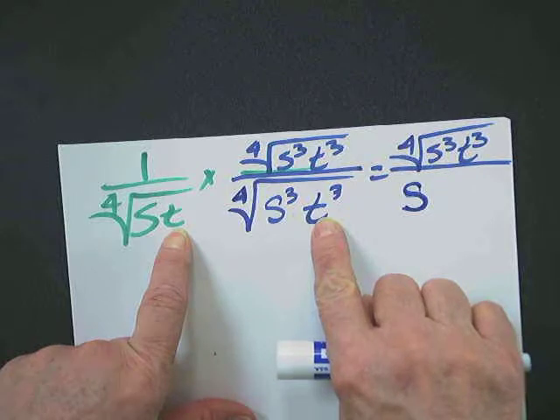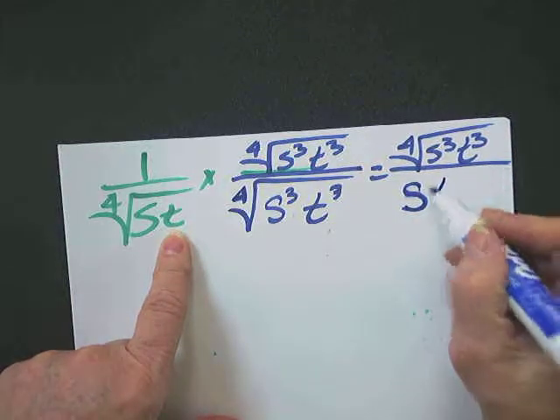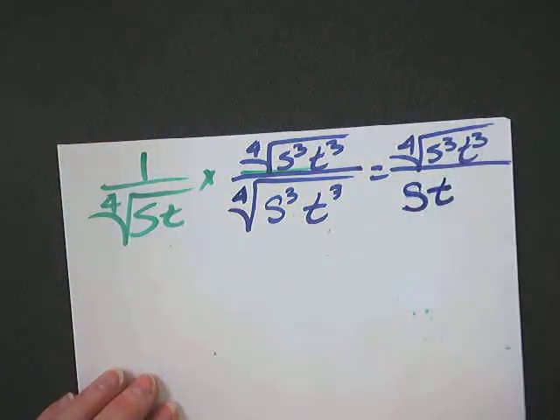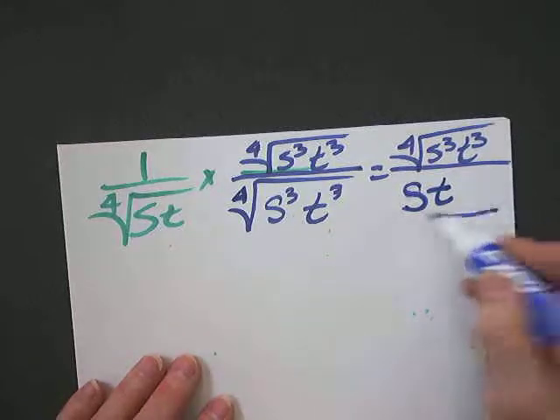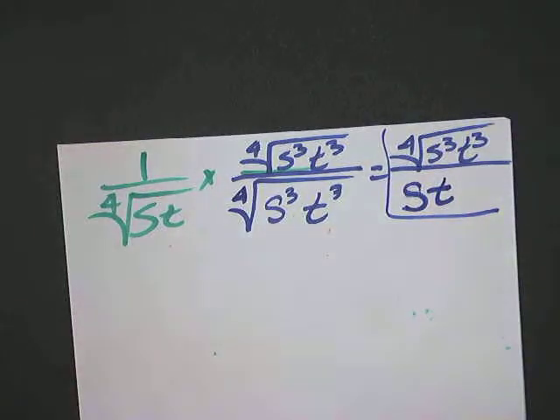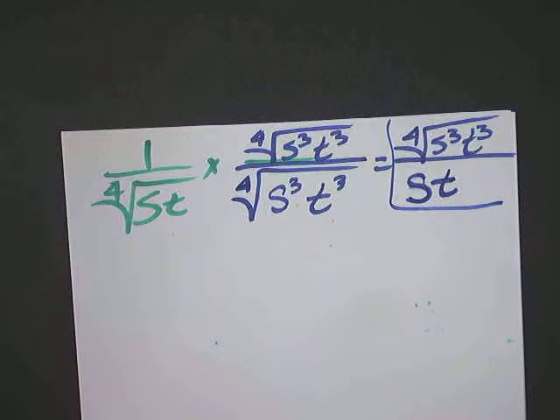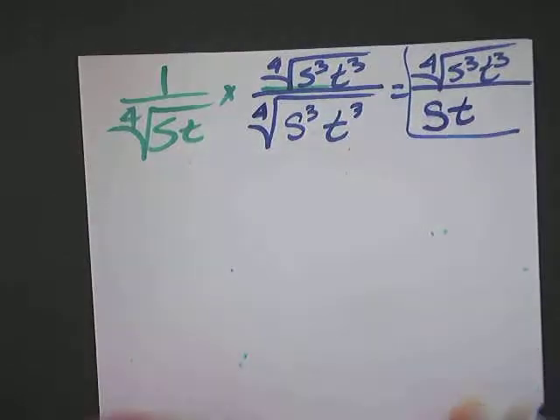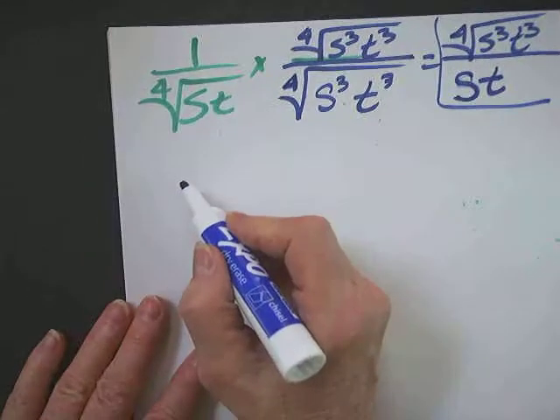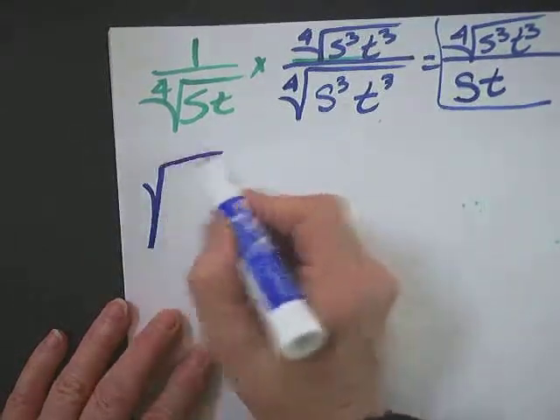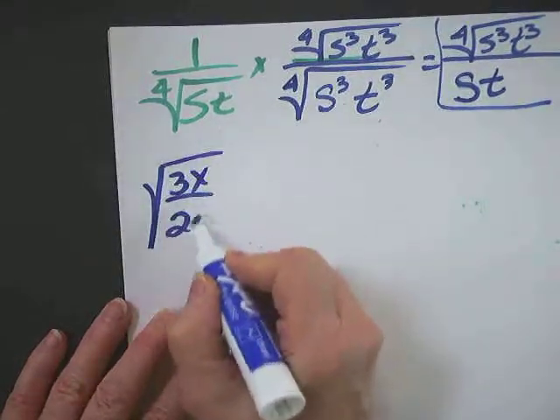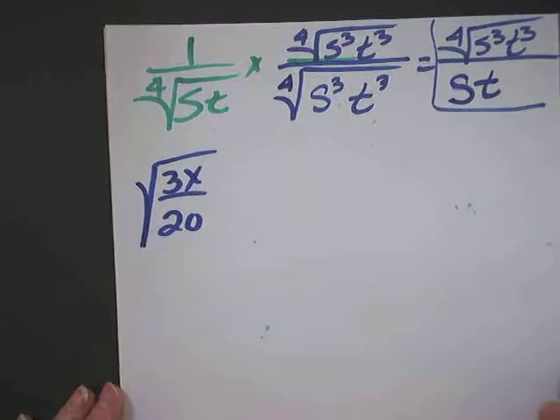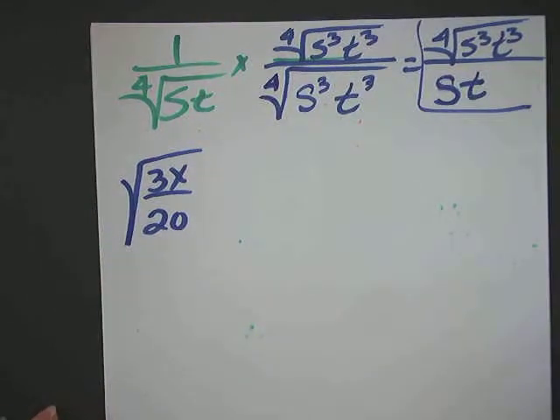So on the top, 1 times that is that. And we have 4 s's here. 4 s's will come out as 1 s, right? Because it's a 4th root. So we'll have 1 s. And 4 t's will come out as 1 t. And you can't cancel inside and outside.